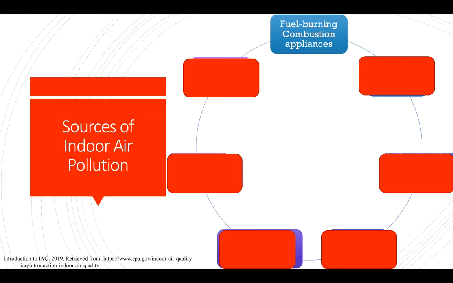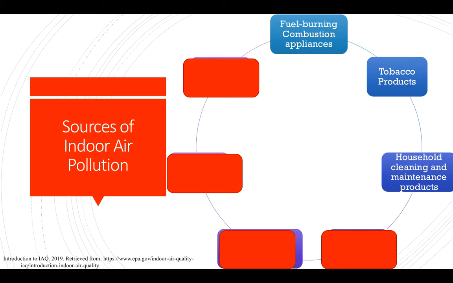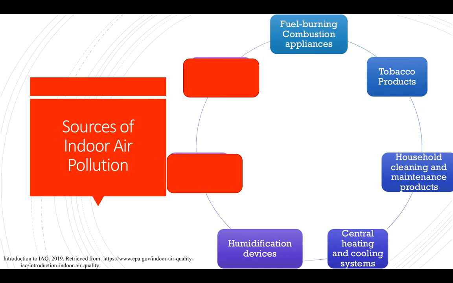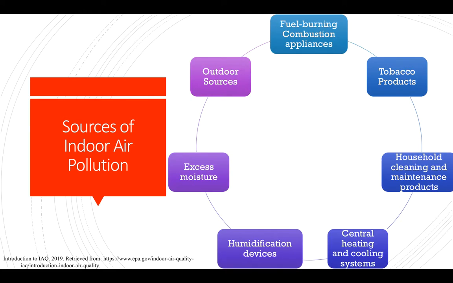So there are several sources of indoor air pollution, and they include fuel-burning combustion appliances such as oil, gas, kerosene, coal, and wood, tobacco products, household cleaning and maintenance products, insulation that contains asbestos, wet or damp carpet, central heating and cooling systems, humidification devices, excess moisture, and outdoor sources such as radon, pesticides, and other outdoor air pollution.